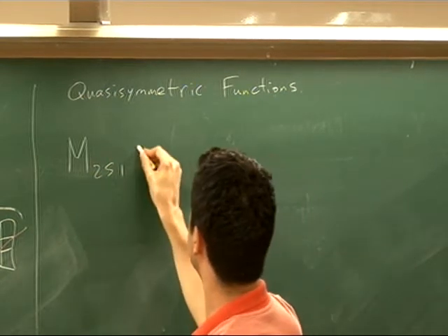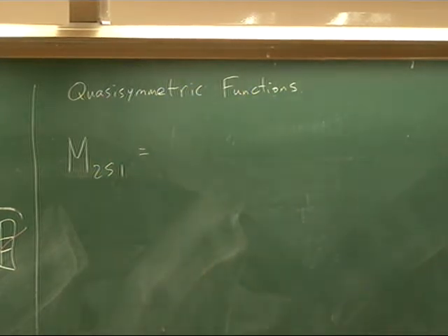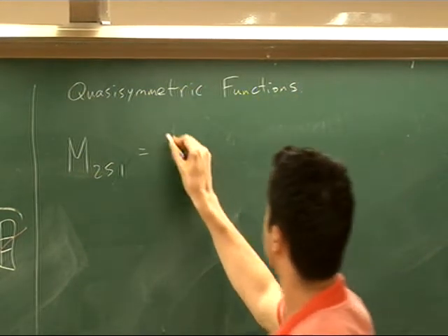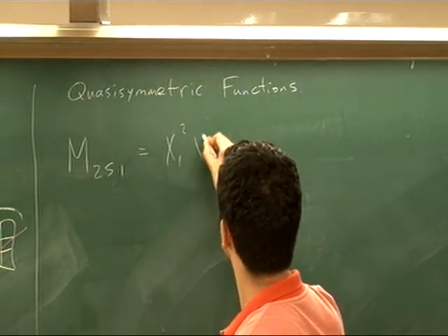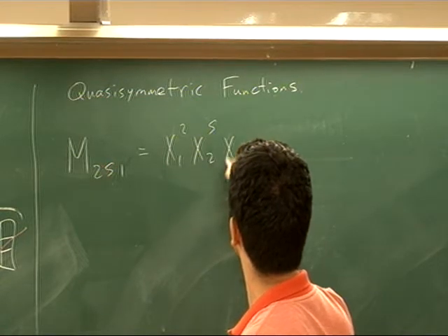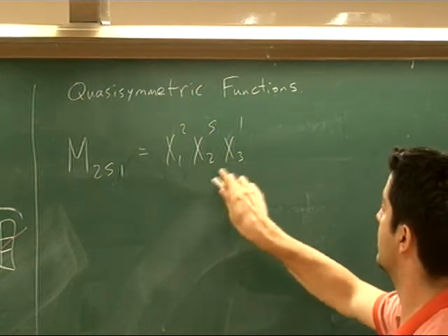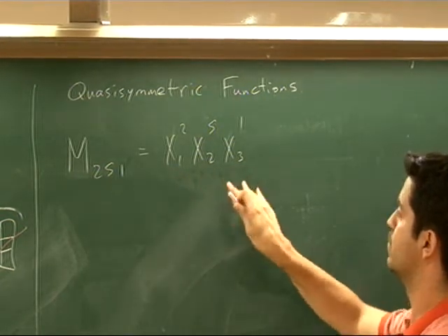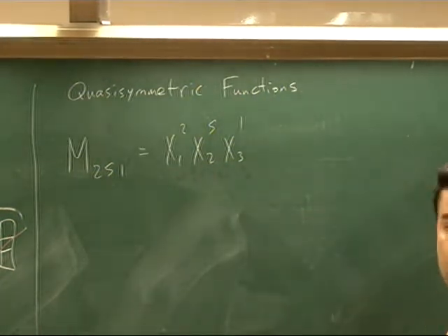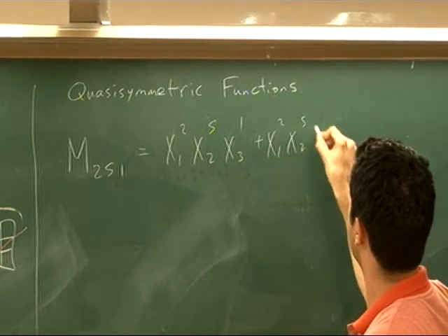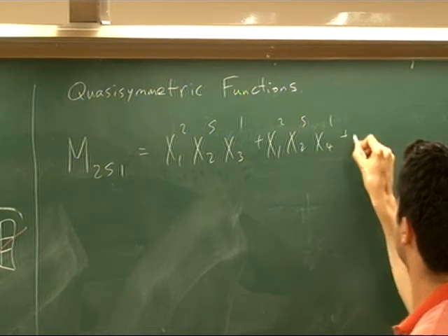So M251 is basically the sum of all monomials that have chain of exponents 2, 5, and 1. So it's x1 squared, x2 to the 5, x3 to the 1. And I want this order in the indices. So x1 squared, x2 to the 5, x4 to the 1, and so on.